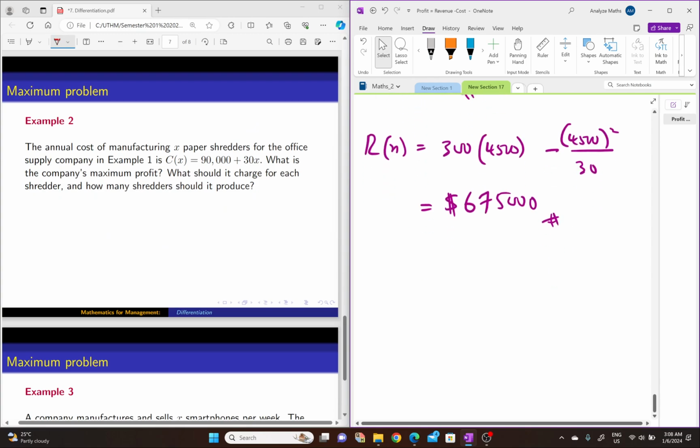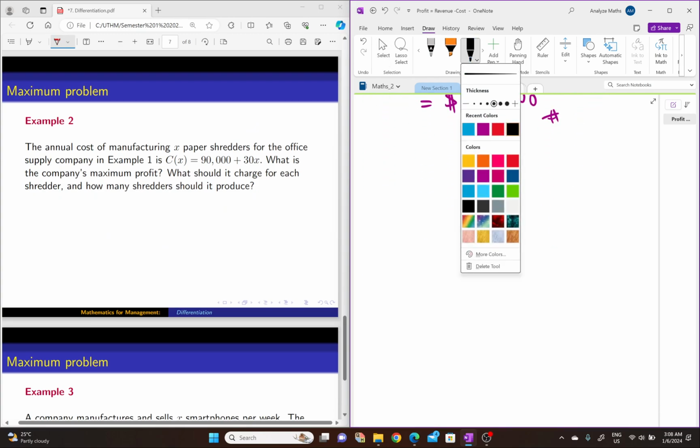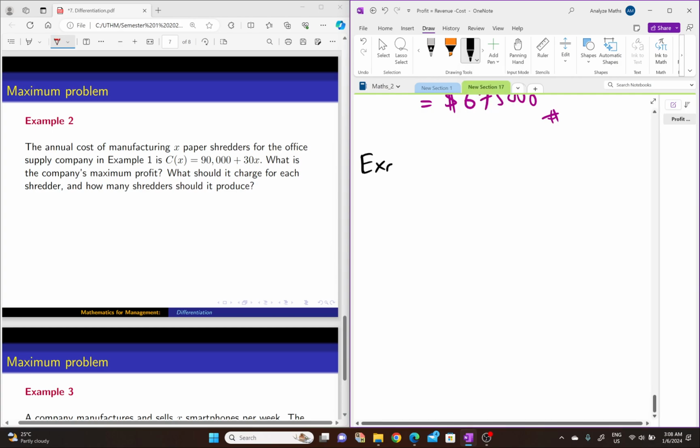Before example 2, maybe I can write the interpretation here.